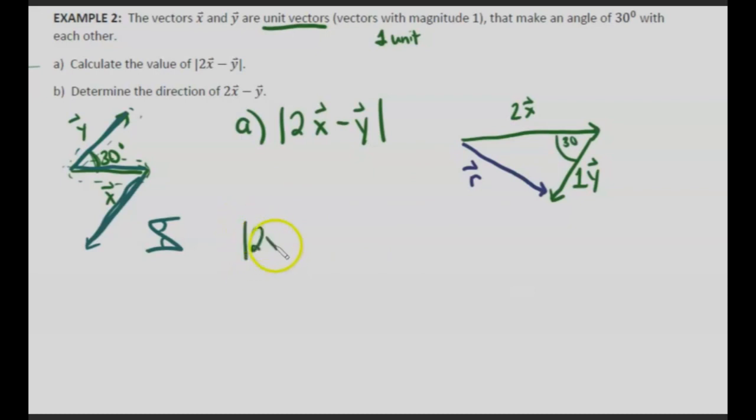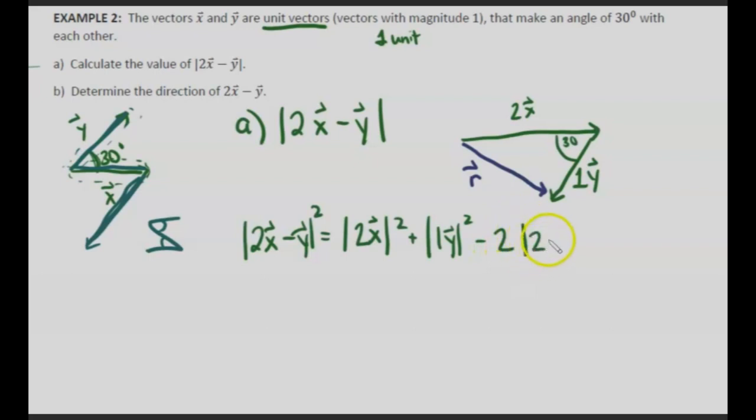So the magnitude of 2 times vector x minus vector y squared, the R squared, is going to equal the magnitude of 2x squared plus the magnitude of y squared minus 2 times the magnitude of 2x times the magnitude of y times cos 30.